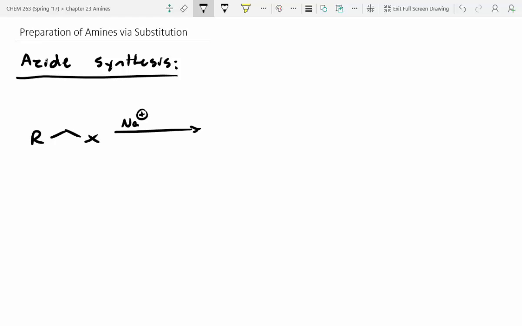Sodium azide is a funky looking compound. In fact, let me erase this and spread this arrow out. If you draw the Lewis structure for N3, it's got two negative charges on both nitrogens on each side and then a positive nitrogen in the center.